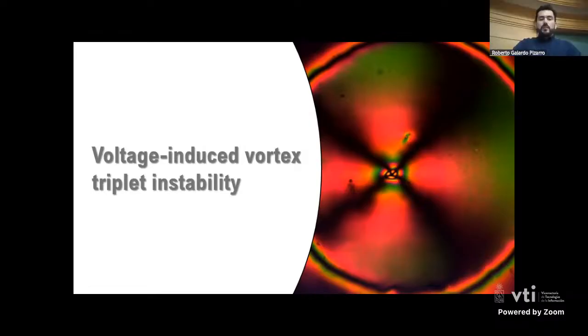But for example, the different colors, as I told you, can account for the different angles, not in the plane of the cell, but in the direction perpendicular to the plane. As this triplet is generating, we have fronts of colors from the center to the edges that I suspect are a consequence of this transition happening.